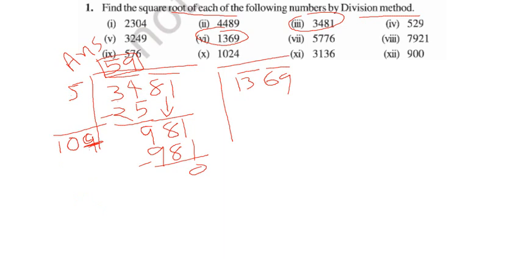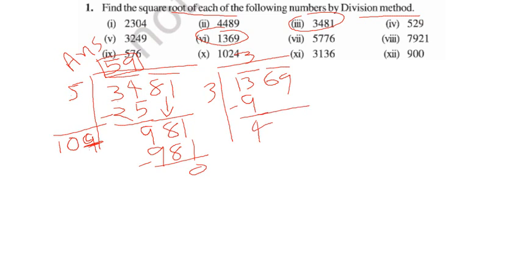So 4 will not work. So we have to have a 3. If you take 3 here, you have to put 3 here. And then 3 times 3 is 9. And you subtract this 9 from this left side pair, 13 minus 9 becomes 4.